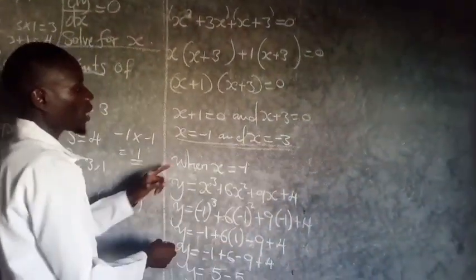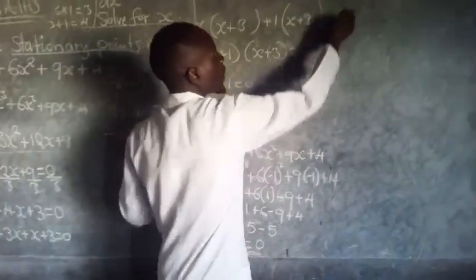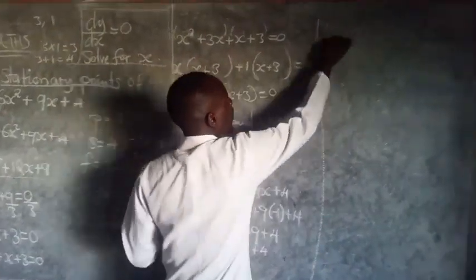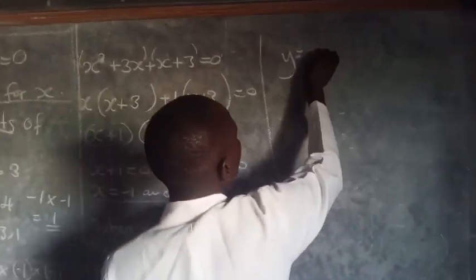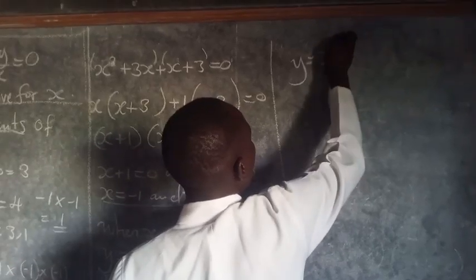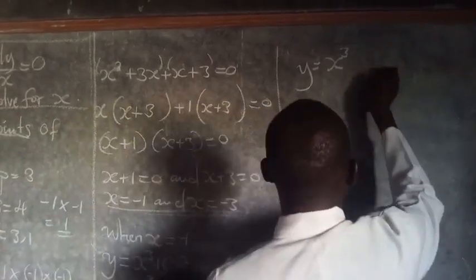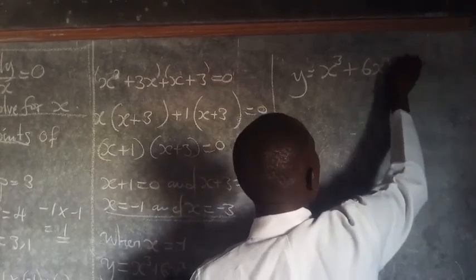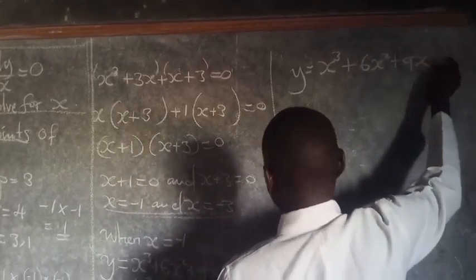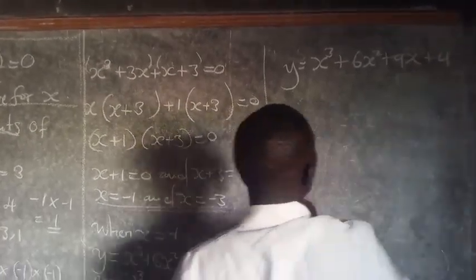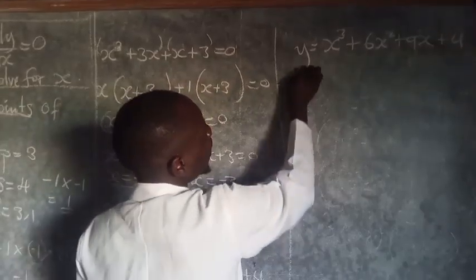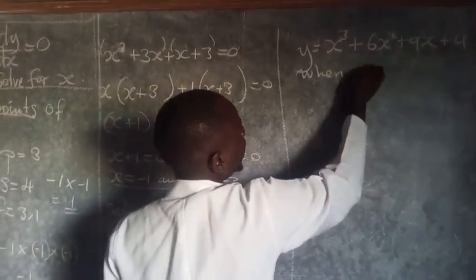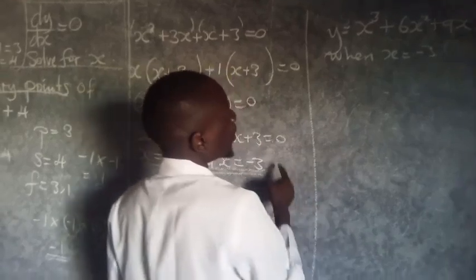Now what if x is equals to negative 3? So you do the same. You say y is equals to x to the power of 3, then plus 6x squared plus 9x plus 4. Okay? So now, when x is equals to negative 3, then what is our y?